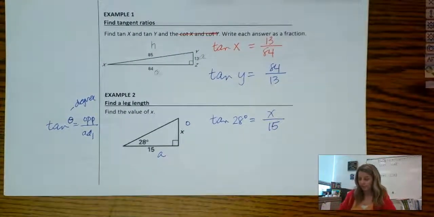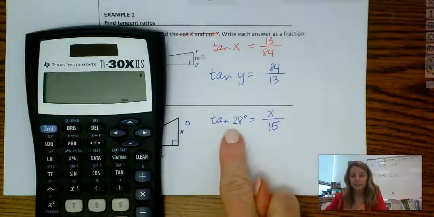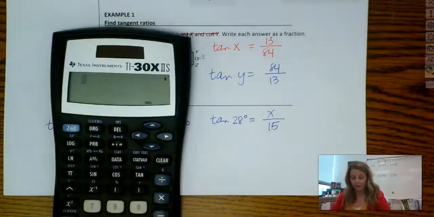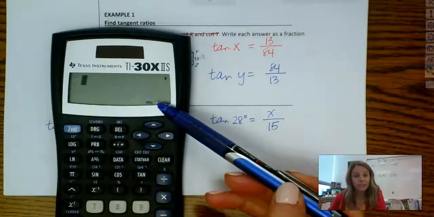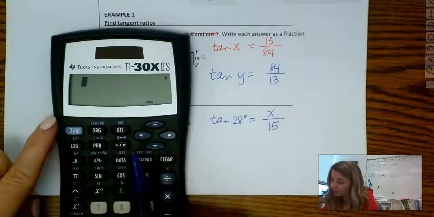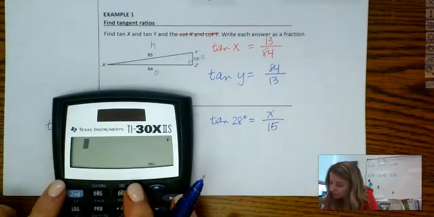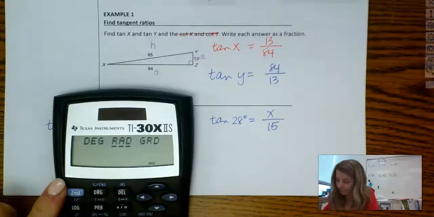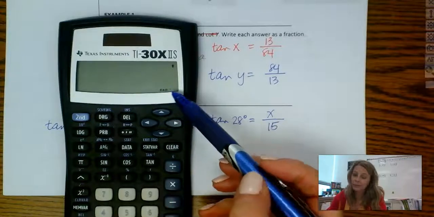So here's the other thing I want you to recognize. I could figure this decimal out. Now, I haven't talked about a calculator yet. Your calculator needs to be in degrees. That's what this stands for. If your calculator looks like this, see how it says rad?